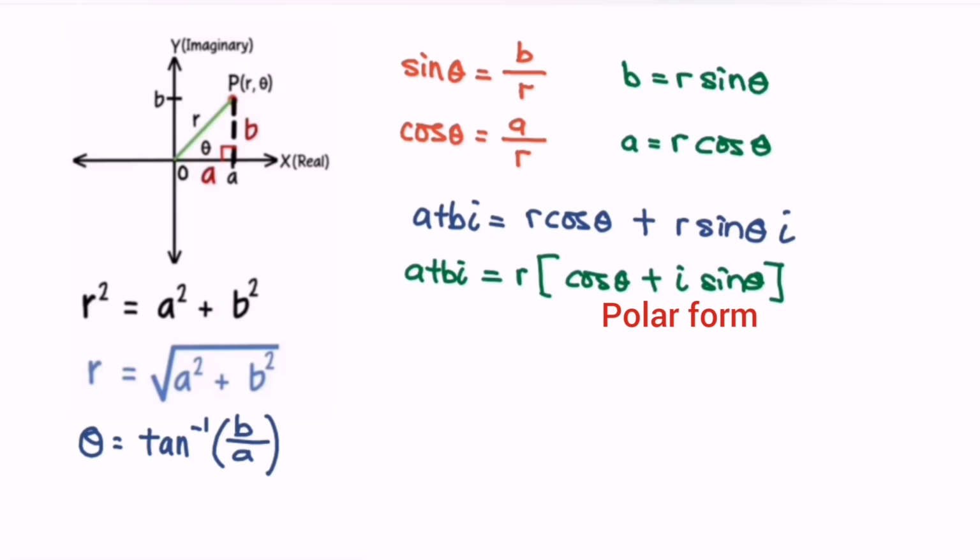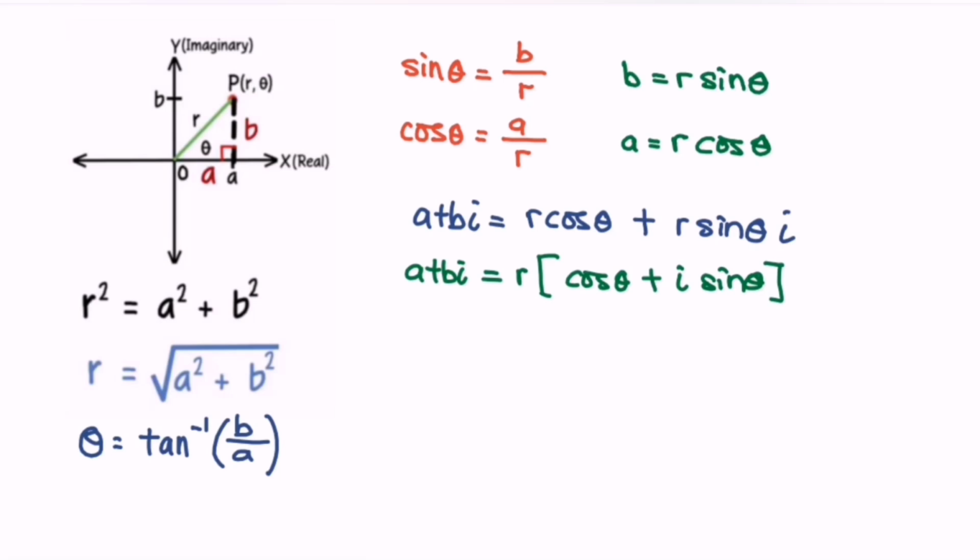This is the polar form of the complex number. R is the modulus of Z, where R is equal to the square root of A squared plus B squared. And theta is the argument of Z, where we have arctangent of B over A.